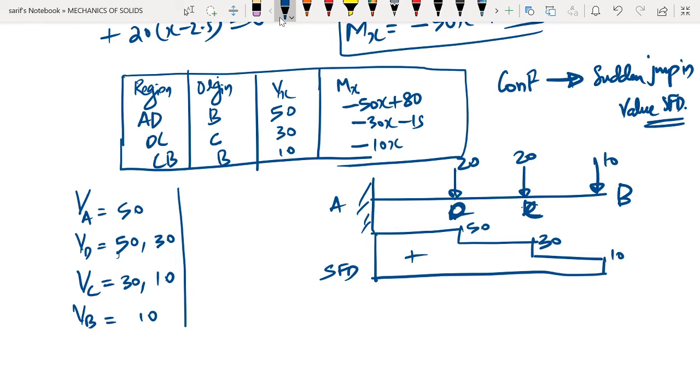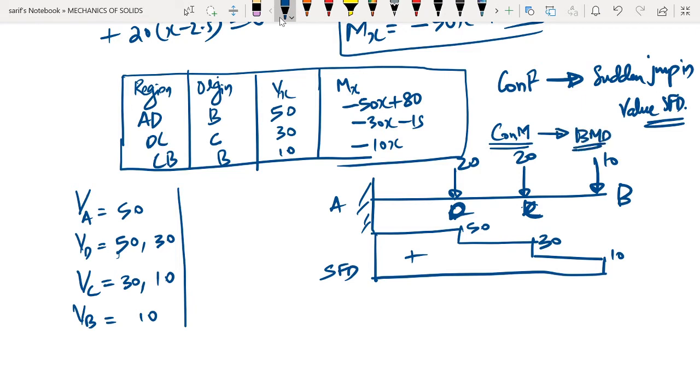And another thing is, just like we said that whenever there is a concentrated force, there will be a sudden jump in the value in the shear force diagram, when it comes to the bending moment diagram, what we have to look for is a concentrated moment. If you have a concentrated moment, then there will be a sudden jump in the bending moment diagram.